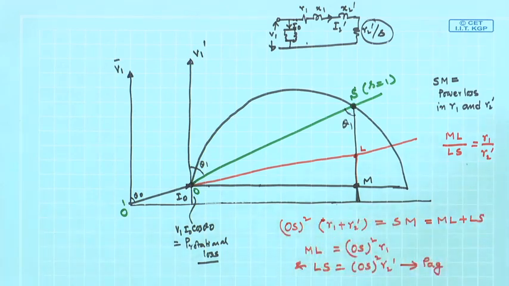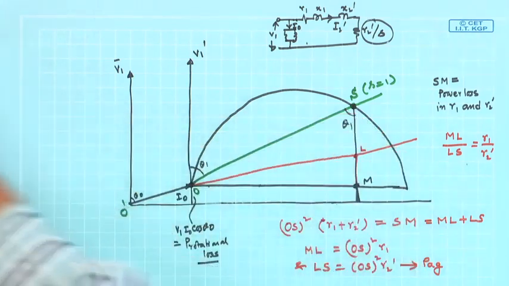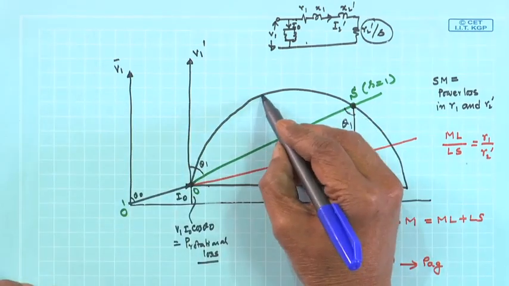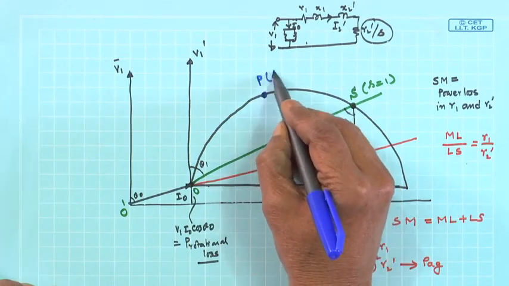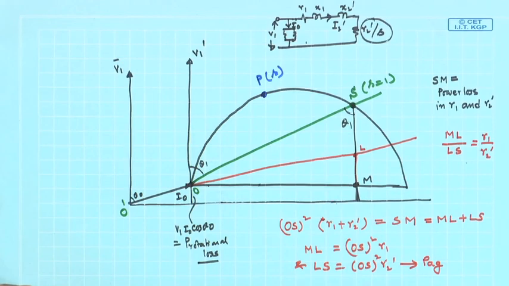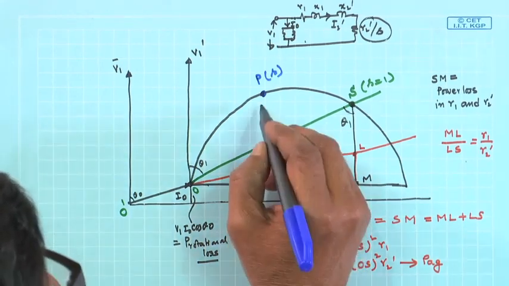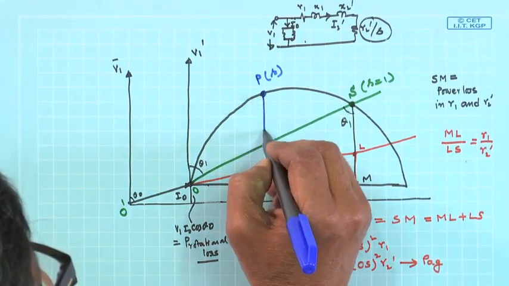Now, I will take a general operating point. Okay. For example, here point P and the slip value is S. Similarly, you drop a perpendicular here.